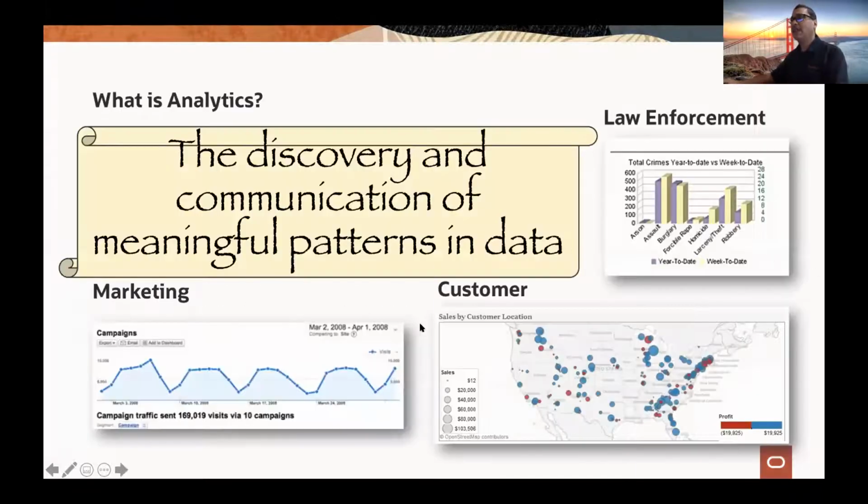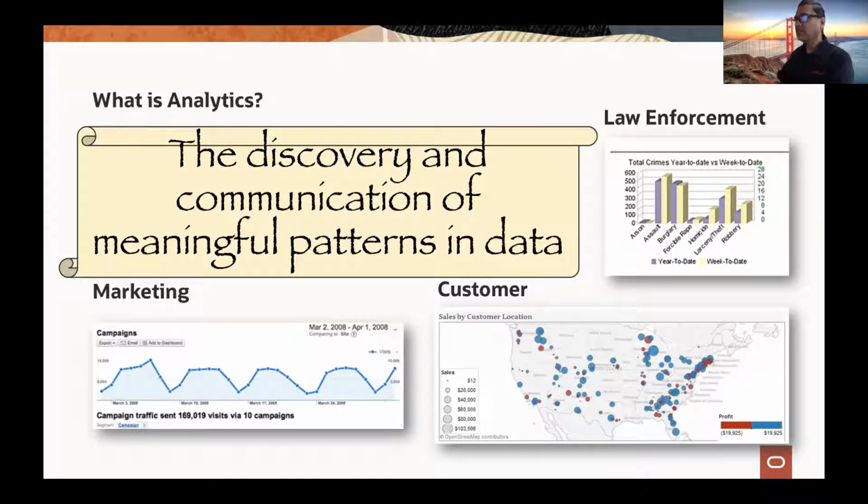So what's analytics? Basically, it's a discovery of first the meaningful patterns in the data and then the ability to communicate it also. For example, how many crimes law enforcement have detected over years to date by certain categories and by week to date, or how was the traffic visits via my 10 campaigns in the last certain months, or demographic information like sales by customer location across the world.